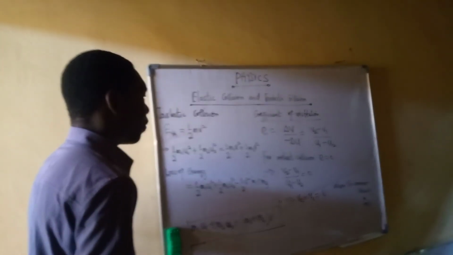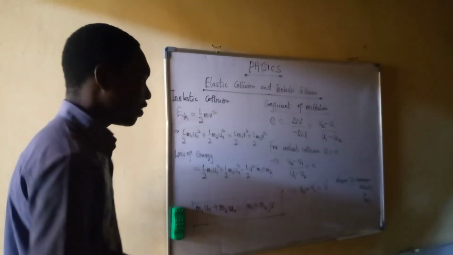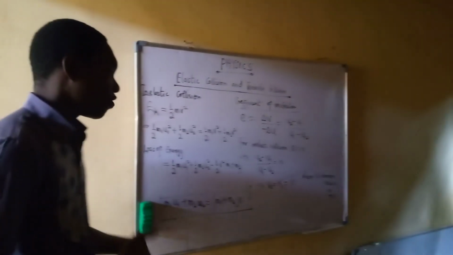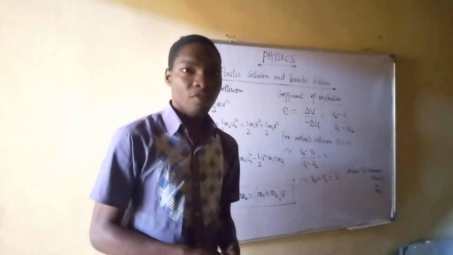And I want you to know something about inelastic collision: the kinetic energy before is greater than the kinetic energy after. It is not equal to it. That is why we say that the kinetic energy is not conserved.